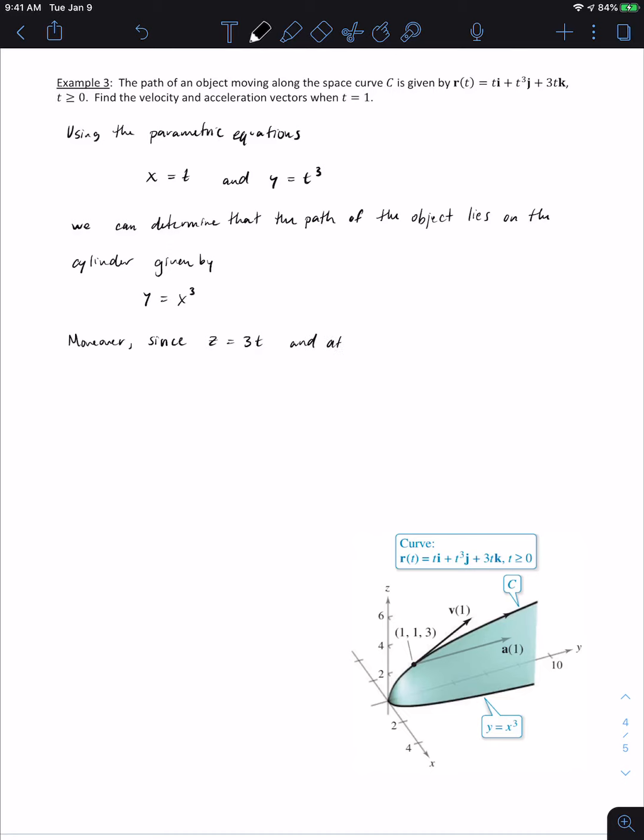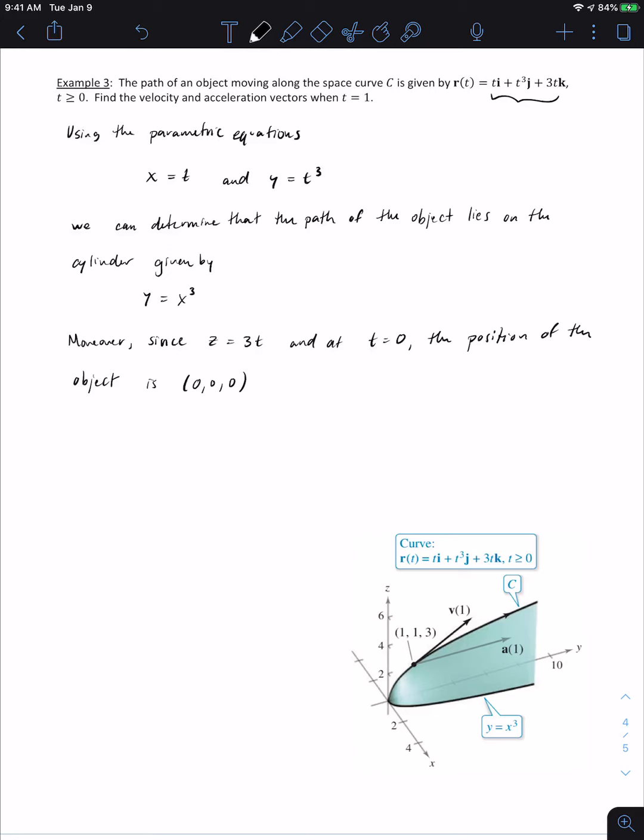at t equals 0, the position of the object is, well, if I plugged in t equals 0 in all these places I would get 0, 0, 0, because they all have t in them. So what does that mean?